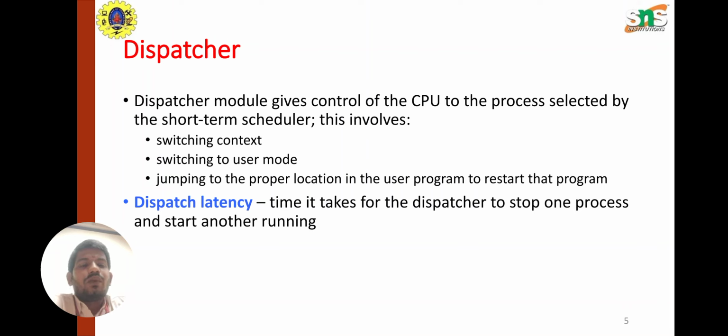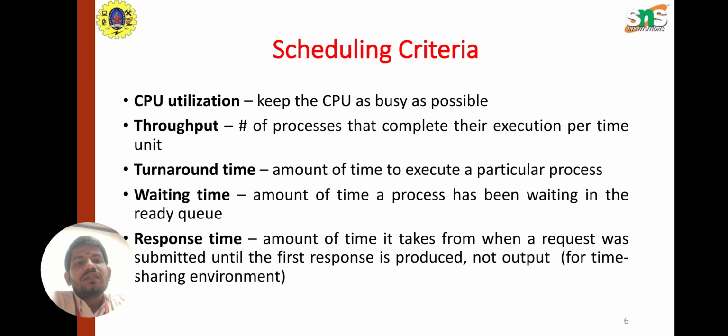It is mainly used in Windows systems and phones. The dispatcher will point to the particular process and execute it in user mode, and it will not take much time to complete. That is the dispatcher.